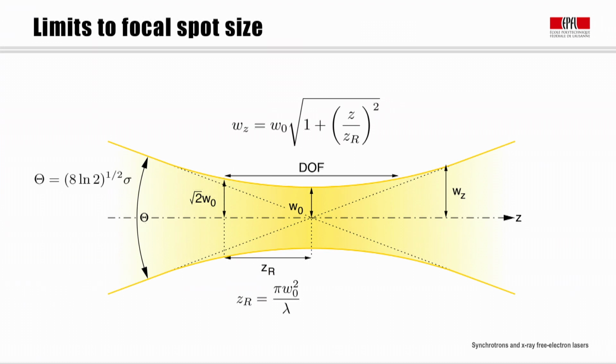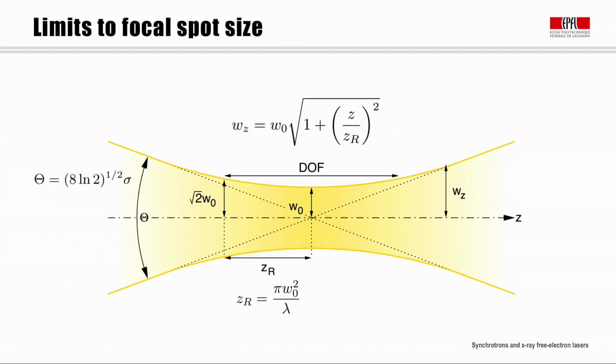And is given by ZR equals pi W0 squared divided by lambda, where lambda is the beam's wavelength. The validity of this equation assumes that W0 remains significantly larger than lambda, which certainly holds true for hard X-ray radiation of wavelengths of the order of an angstrom. The depth of field is twice ZR.